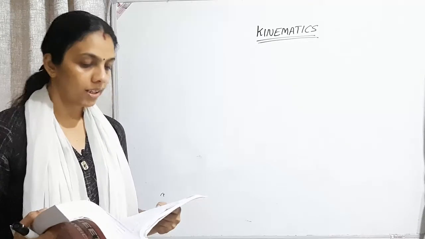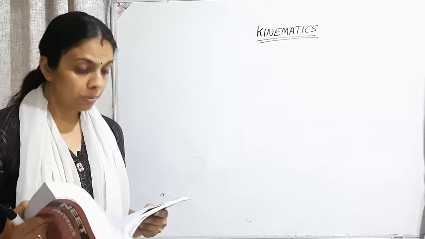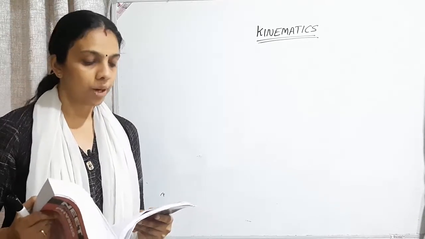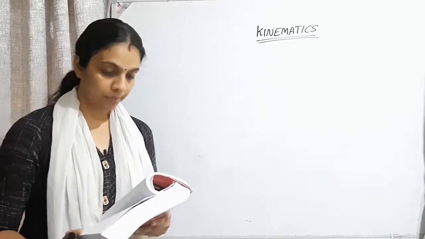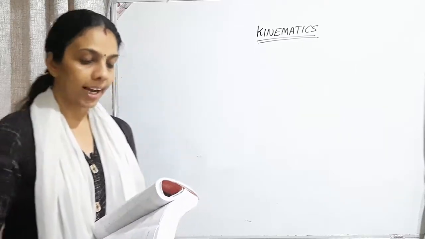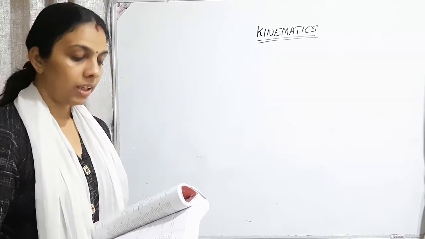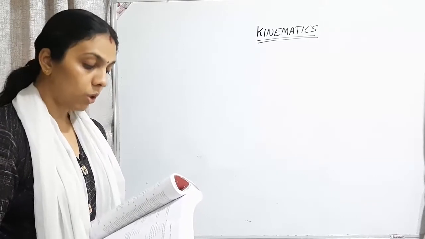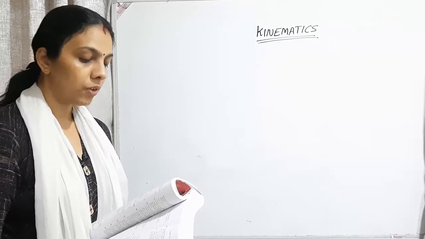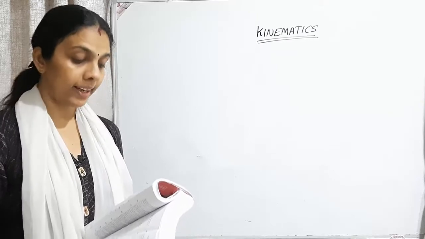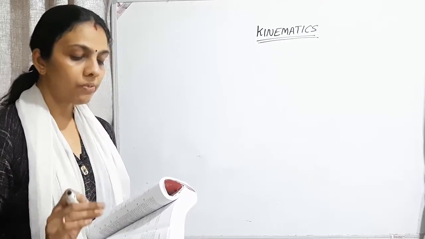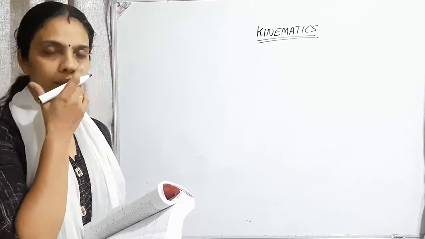Next question is, a ball is dropped onto the floor from a height of 10 meter. It rebounds to a height of 5 meter. If the ball was in contact with the floor for 0.01 second, what was the average acceleration during the contact?